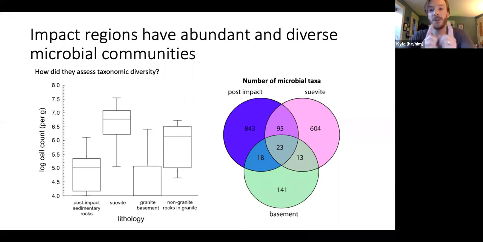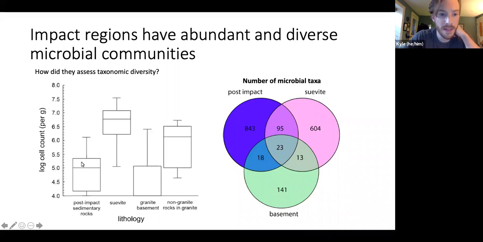And so they took this small snippet of genome that codes for the ribosomal RNA, and then sequenced that and used it to figure out who was who. So really the only thing that they are able to say is what taxa are present, and not necessarily everything else in their genome. So only who's there, but not necessarily what they can do.